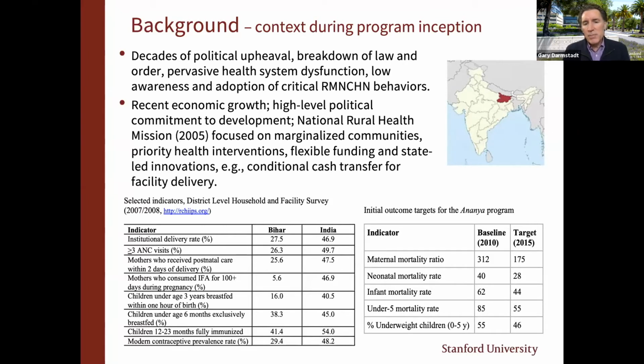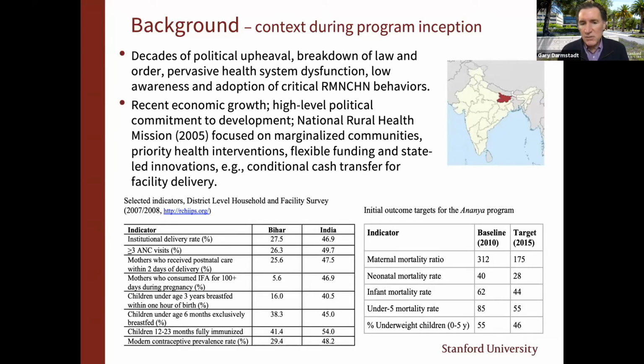There also was hope in that there was new policy through the National Rural Health Mission that was focused on marginalized communities and on giving states funding and the leeway to innovate in order to address the problems they were facing. They introduced a conditional cash transfer for facility delivery, which created a lot of movement from communities into health facilities for care.